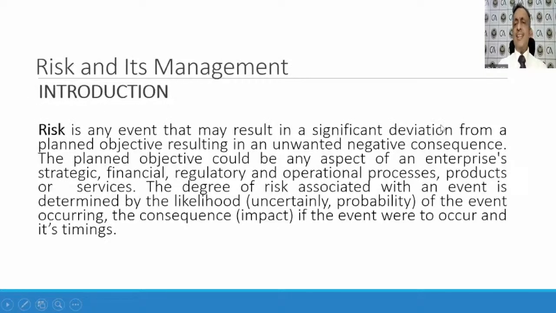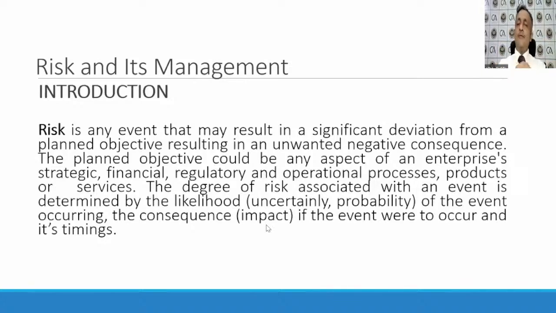Now, what exactly is risk? Let us take the definitions of these words as they stand. Risk is any event that may result in significant deviation from a planned objective, resulting in an unwanted negative consequence. That negative consequence is negative for me as an organization.